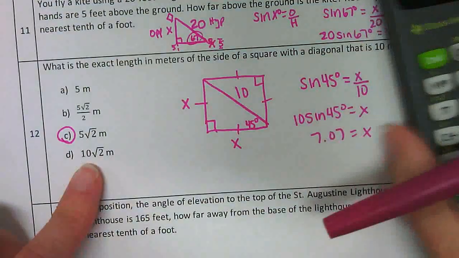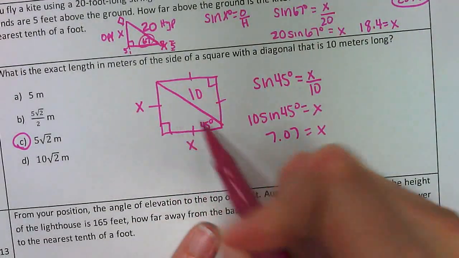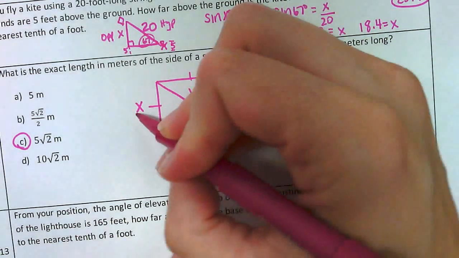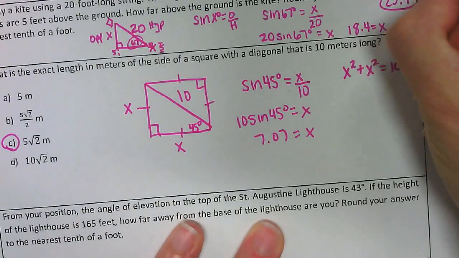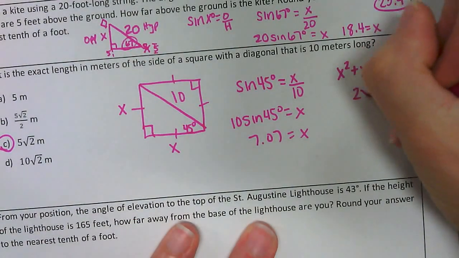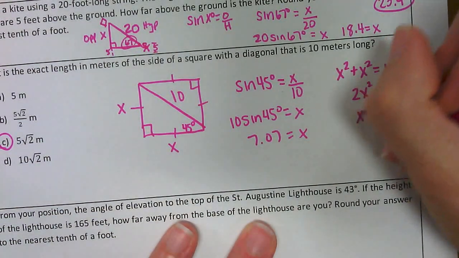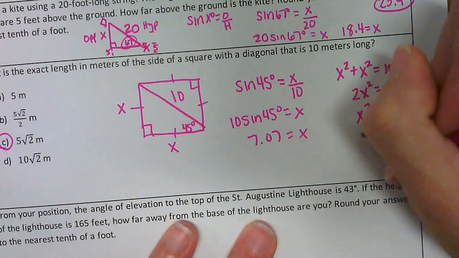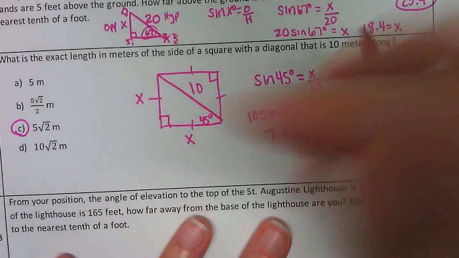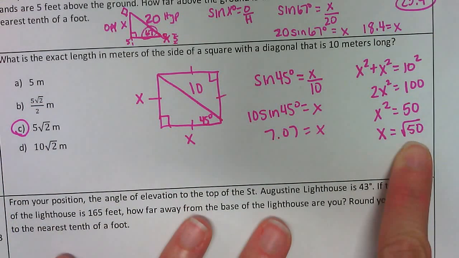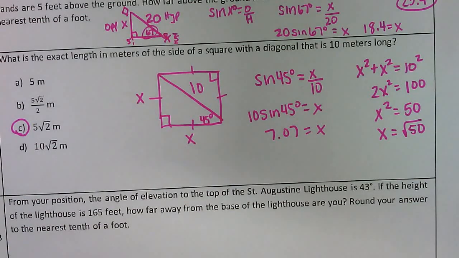So this one gives me the same value. That's one way to do it. Another way is the Pythagorean theorem. This is like a and b. So you could say a squared plus b squared equals c squared. And you would get 2x squared equals 100. You divide both sides by 2 and take the square root of both sides. And you could see which one of these is the same as the square root of 50, and it would be C. So that's 2 ways you can do it.